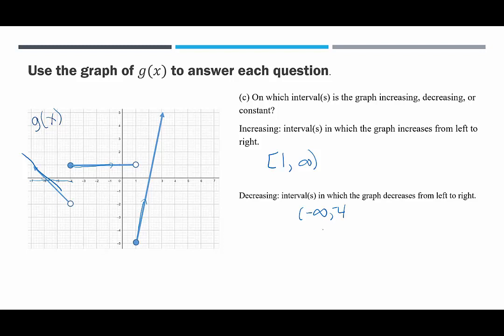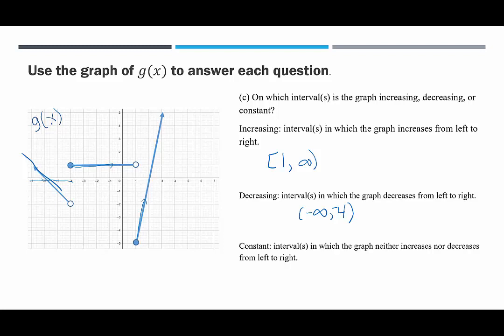There is an open circle there, so it is not decreasing at -4. To indicate that, we do use a parenthesis. So the interval in which this graph is decreasing is negative infinity to -4. And please note that graphs could have multiple intervals in which they're decreasing.